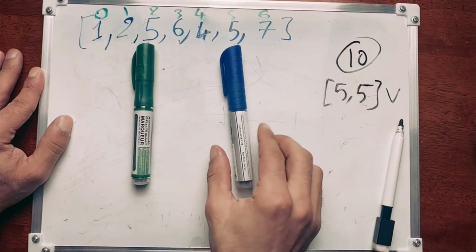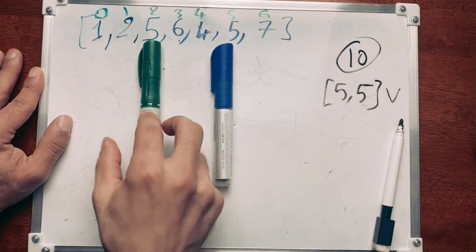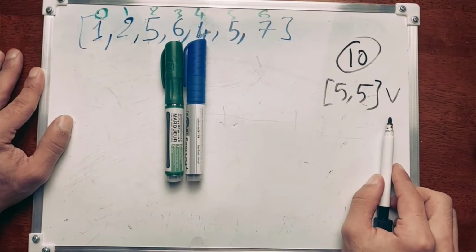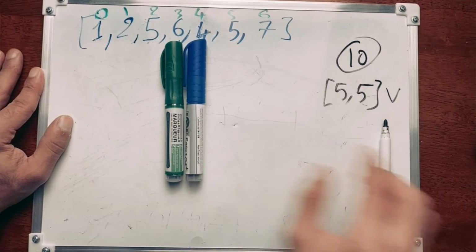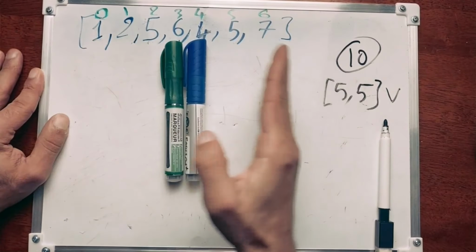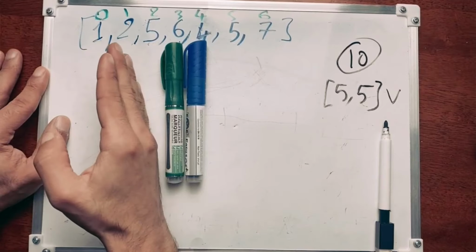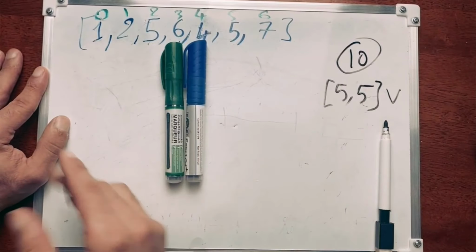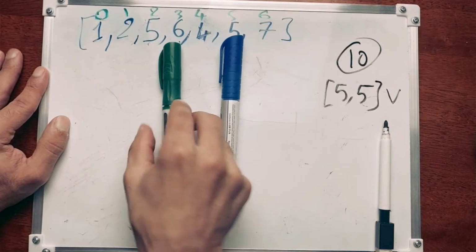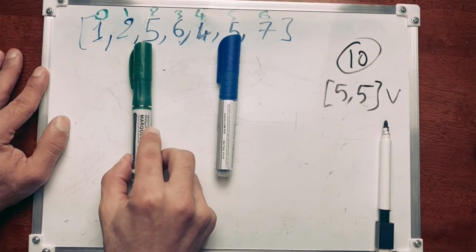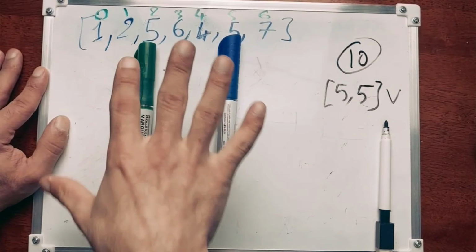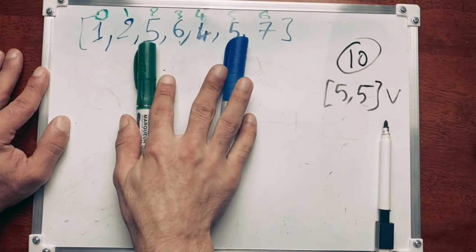But there is another possibility: these two, 6 and 4, could have been returned. But like we saw, it's sequential and linear, so we figured that 5 and 5 are the first pair that we could find using this algorithm.